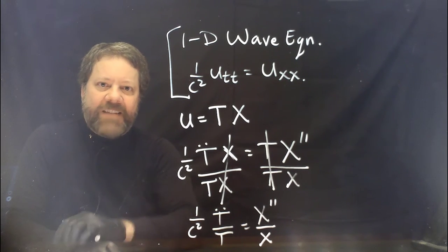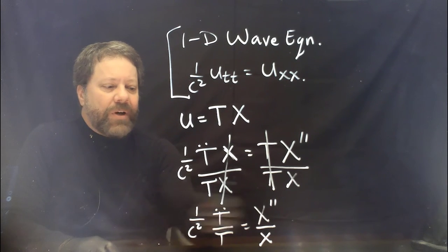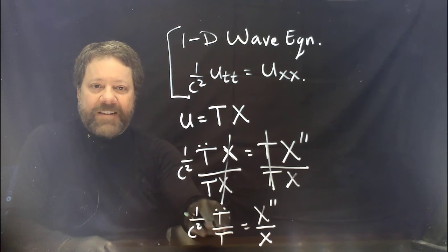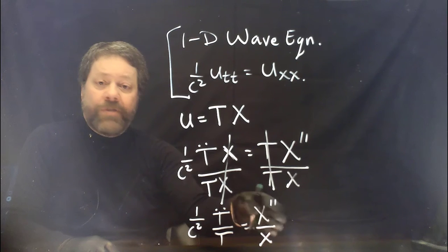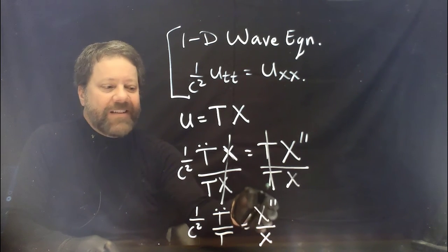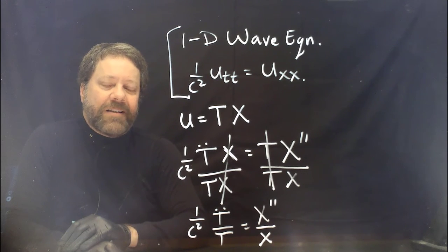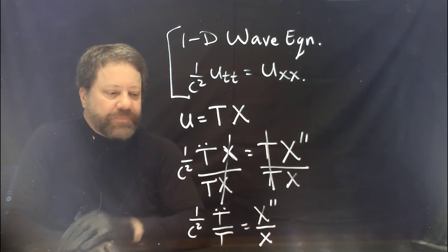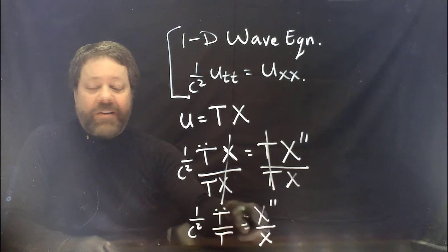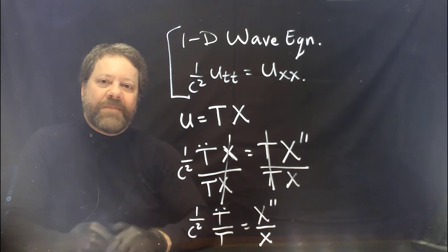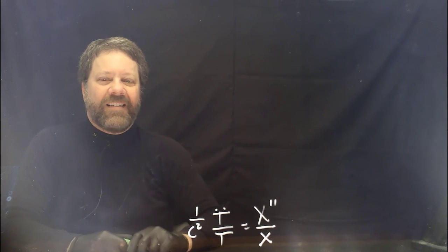That means the left-hand side must be constant. The same is true on the right-hand side. If you fix t on the left, this has to be true for all x still on the right, which means X prime prime over X must be equal to that same constant for all x. So both sides must be equal to a constant.